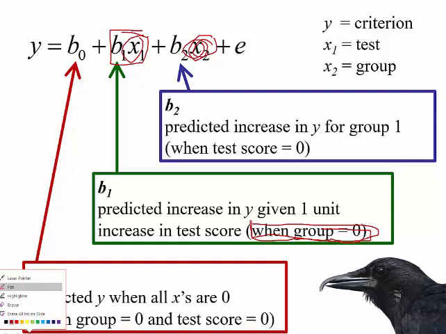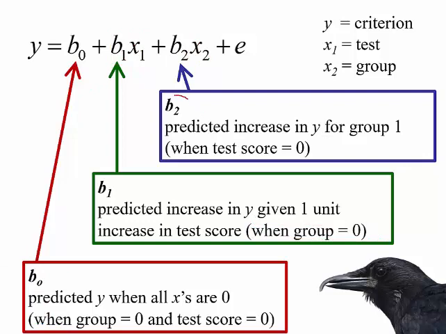Now the thing that we really care about is beta 2. This is the thing that's going to pertain to our test bias, because beta 2 says what's the predicted increase in y when you go from group 0 to group 1. So in other words, how much are we under or over predicting for one of these groups? If we are, then we're going to have a non-zero effect for beta 2.